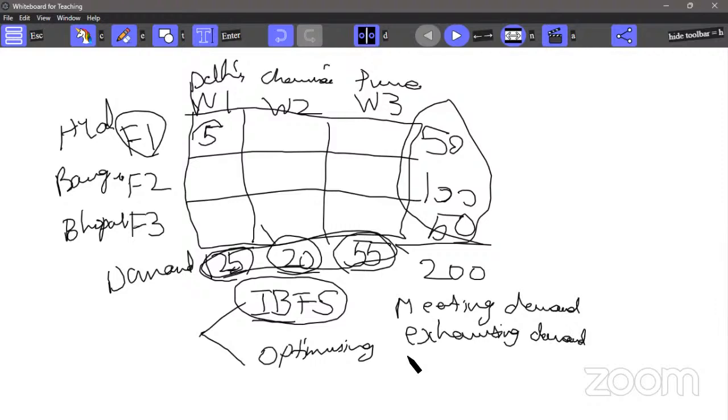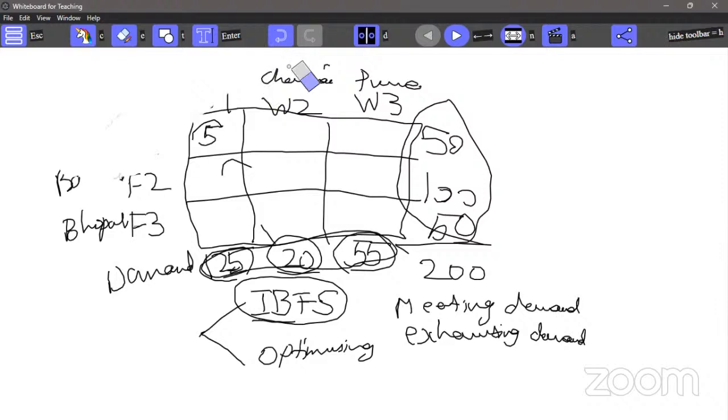So if you think about a linear programming problem, what would be your objective function here? Is it to minimize the transportation cost, or to maximize it? Minimize transportation cost. Sometimes in this matrix, instead of transportation cost, profit figures will be given.